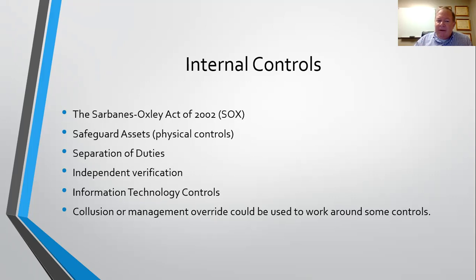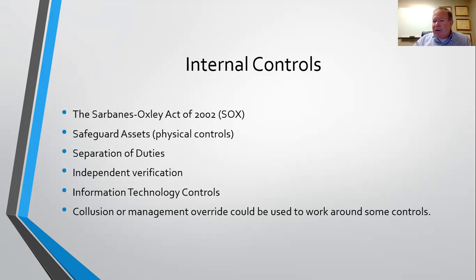Now, there are a couple of ways that employees can work their way around controls. One would be collusion. A lot of controls are set up to stop one employee. So if two employees start working together in certain positions, they could work around the control.